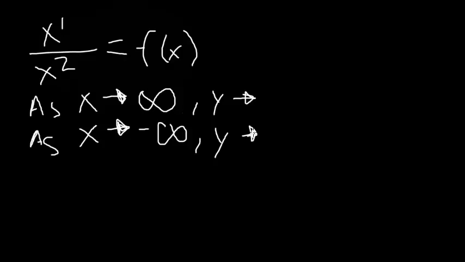And if you just look at the graph of this, you can see that x over x squared, let's put in a value, let's say x is 1, so you get 1 over 1, 1. If you put in negative 1, you'll get negative 1, because negative 1 over 1.